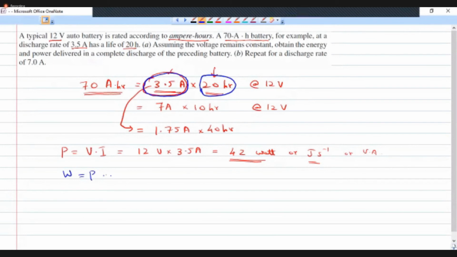That is 72,000 seconds. So power is 42, into time is 20 hours, or 20 hours is 20 into 60 into 60. So that many joules we can get.